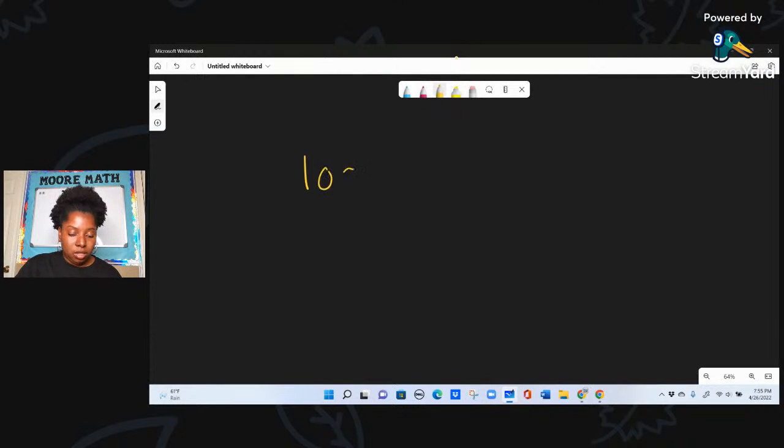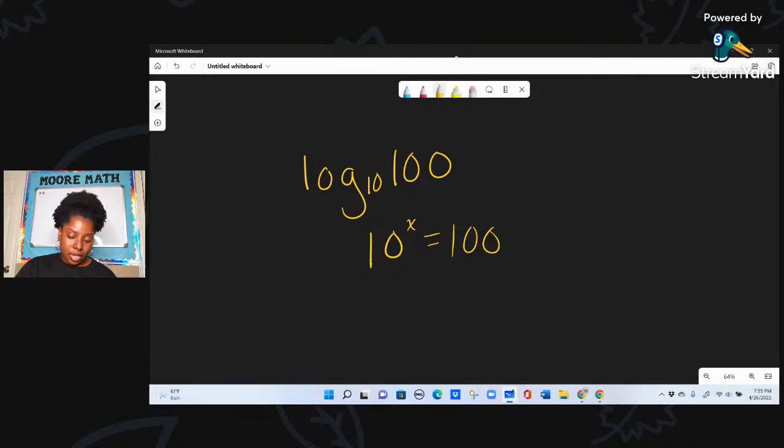Simplify log base 10 of 100. 10 to the what would equal 100? 10 to the 2, right? It would just be 10 to the second power.